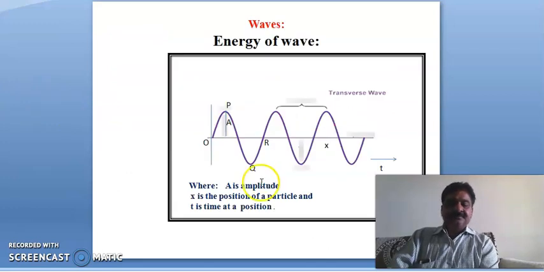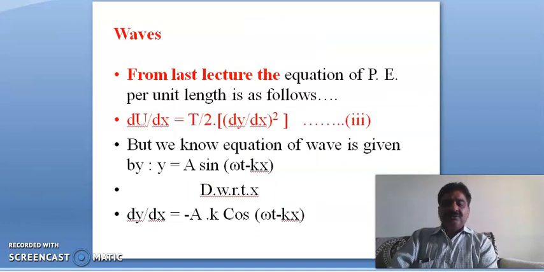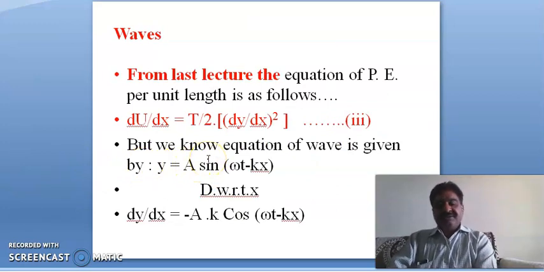Here in this same figure, wave is propagating along suppose x-axis with respect to time. P, Q, R are the points on the wave, the amplitude, x position of a particle. All these things you are well known. Now we concentrate on the term kinetic energy.